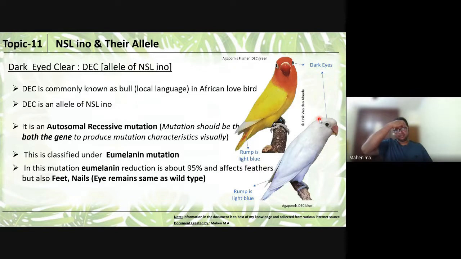Just to summarize, in NSL Ino there is almost 99% reduction of eumelanins, in deck there is 95% reduction, and in pastel there is around 50% reduction. All these three are called alleles of each other.